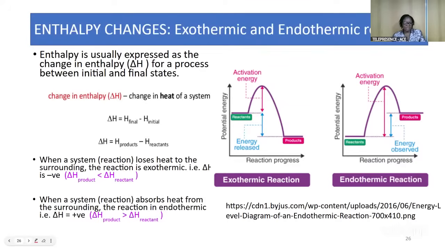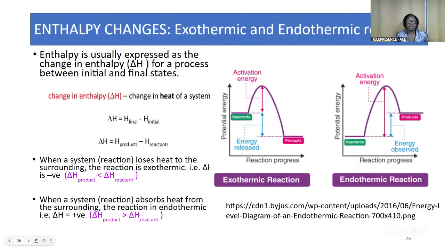So you express enthalpy as a change in enthalpy for a process. We are not going to say enthalpy of the process. It's going to be change in enthalpy because it has involved change of states from one state to another. So the start state is the initial state, and where the process ends is the final state.